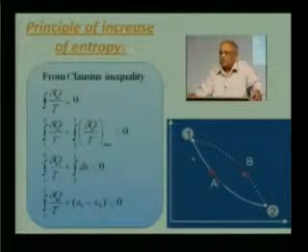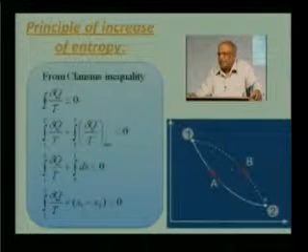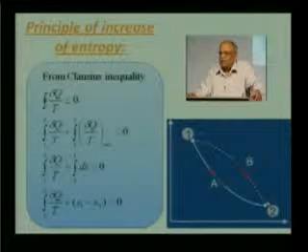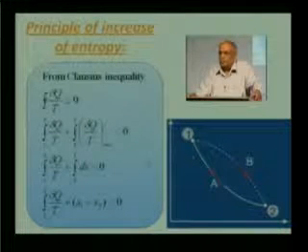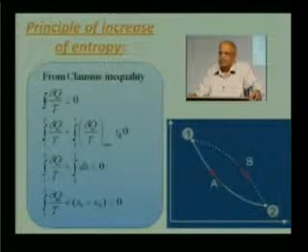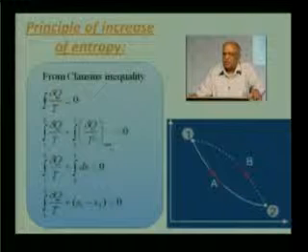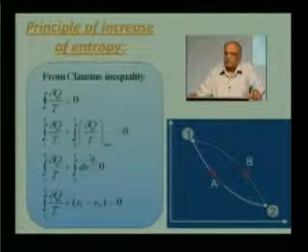Over this cycle, dq by T for process B plus the integral dq by T from 2 to 1 should be less than or equal to 0, and dq by T for a reversible process is equal to ds.